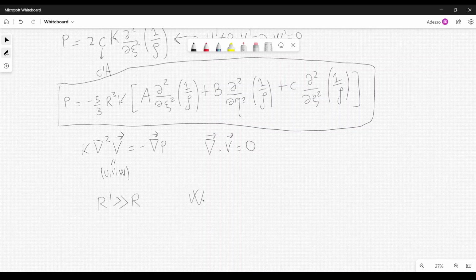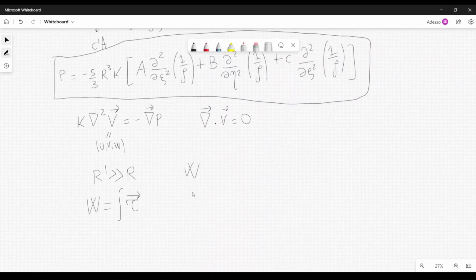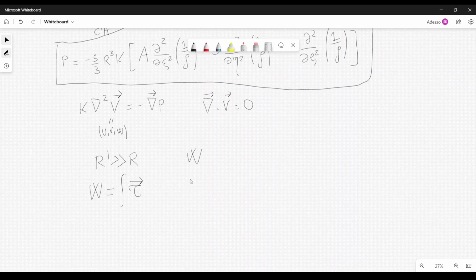The work W that is converted to heat is equal to the integral of tau, and this tau is the stress vector that we defined also in previous videos. You should check the videos related to the Navier Stokes equations.